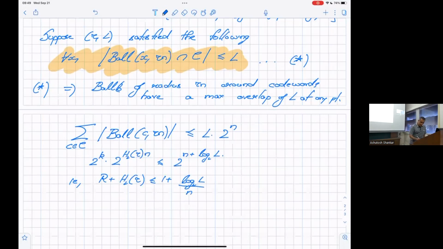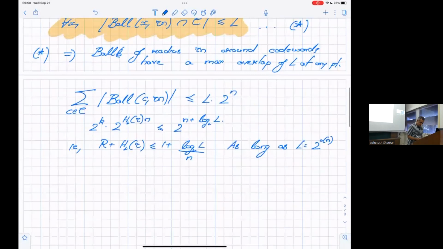So as long as L is 2 power little o of n, as long as that list size is 2 power little o of n, we more or less get the same. This factor does not matter at all. It hardly affects.